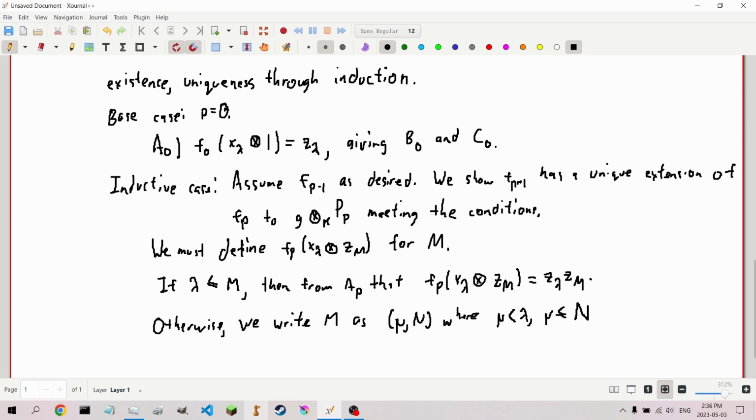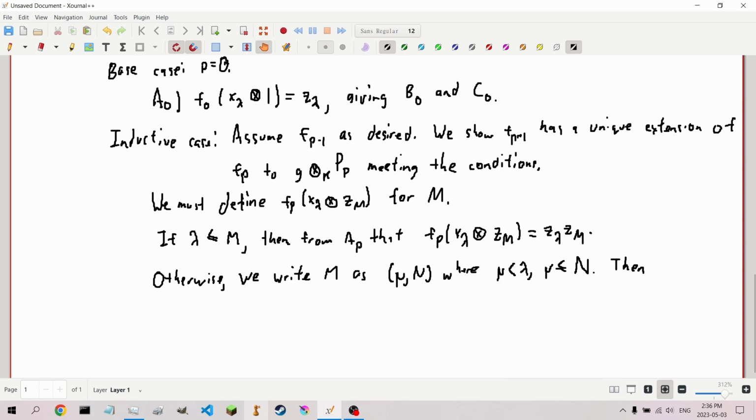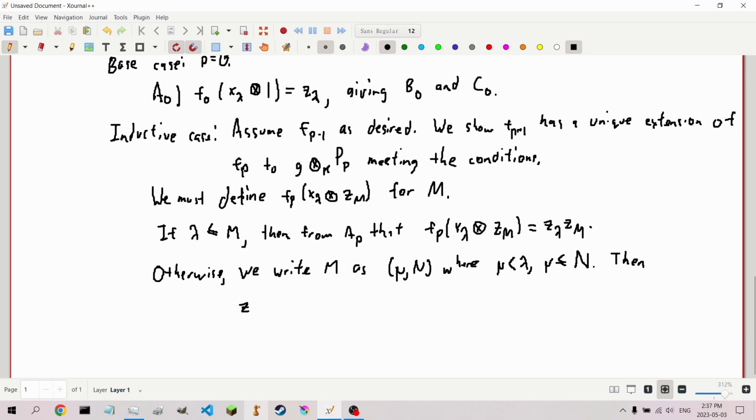So essentially we're just dropping out the lowest term, which means it is unique, obviously. And this gives us the constraint that Zm is equal to Z of the lowest term from M times Z without its lowest term, which is equal to F to the P minus 1 of X mu tensor Zn by a to the p minus 1.